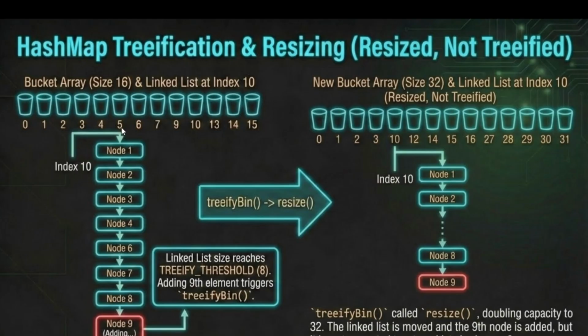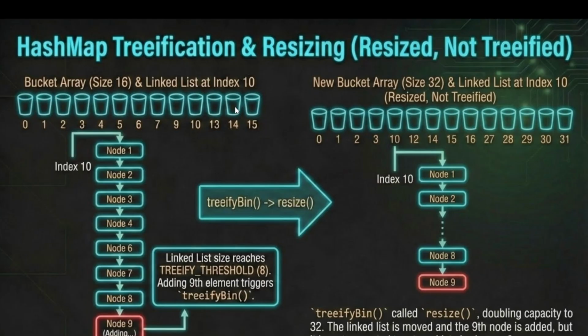Why? Because from Java 8 onwards, this list will be converted to a tree. That's the reason. If it is more than 8, Java developers have created a condition: go to the tree. There is one more condition. Even though it is more than 8, the bucket array should be at least 64.